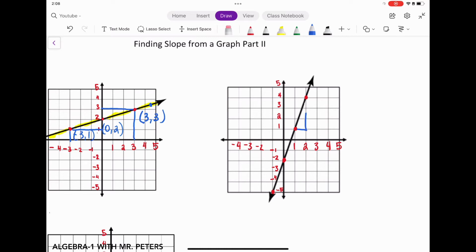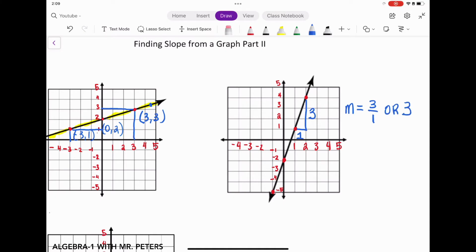All right. So when we look at these first 2 dots in the first quadrant, we notice that the run was just 1, and then our rise was 3. So if I asked you guys for the slope, you would say m is equal to 3 over 1, or just 3.